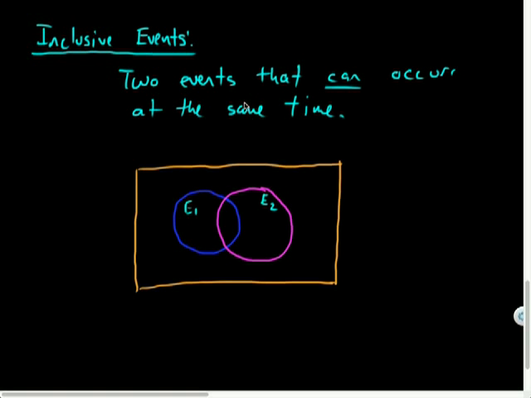So two events that can occur at the same time would be like, say I'm rolling a die, 6-sided die. What's the probability of rolling an even or rolling a prime? So let's say I have even and prime.